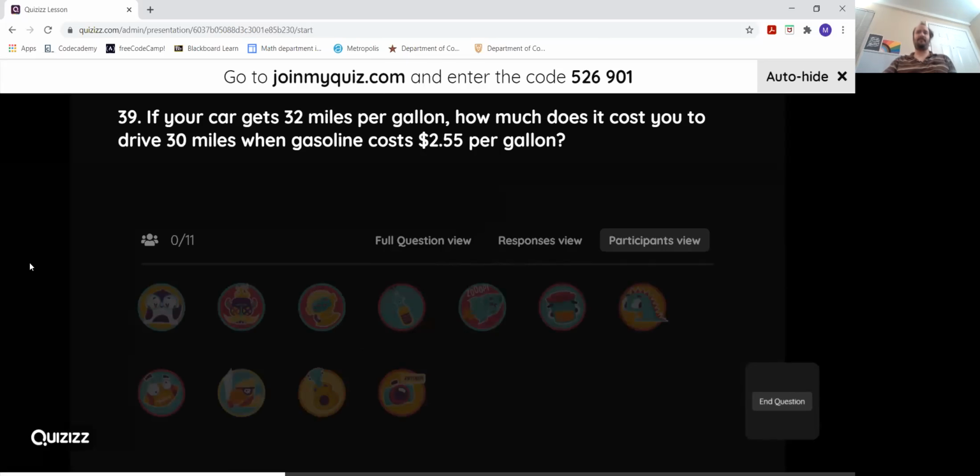If your car gets 32 miles per gallon, how much does it cost you to drive 30 miles when gasoline costs $2.55 per gallon? I believe I have it set up.